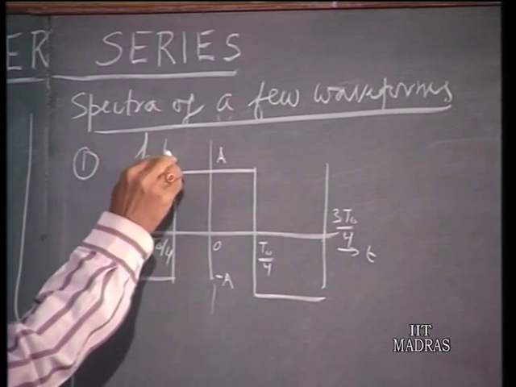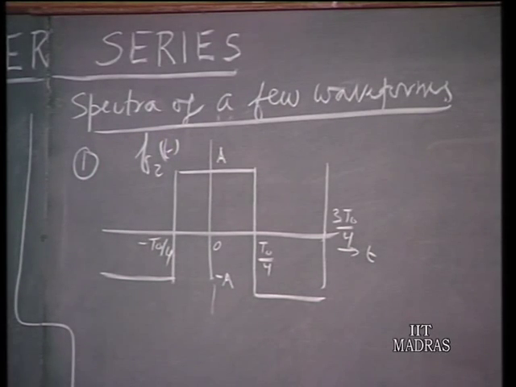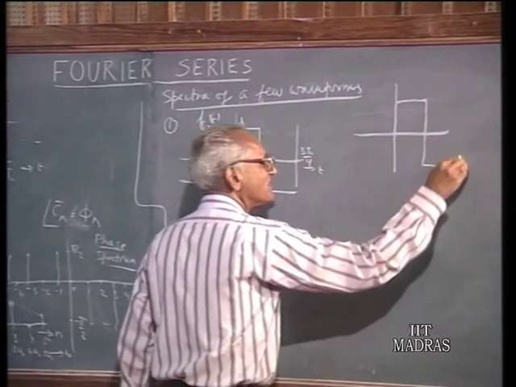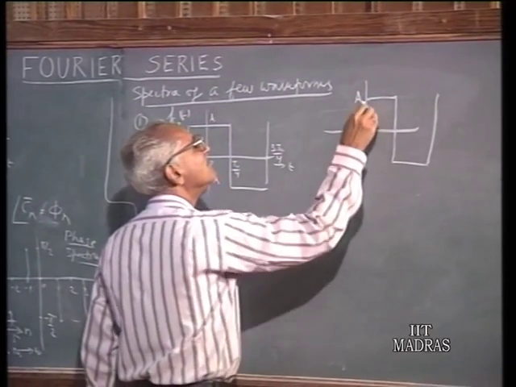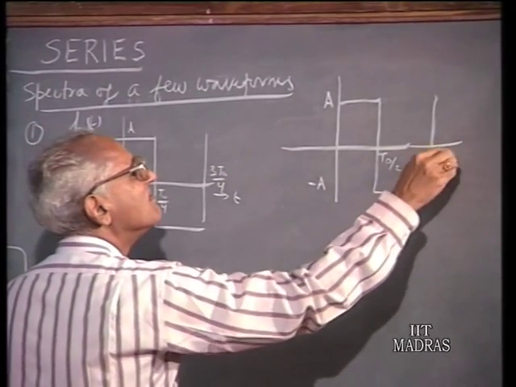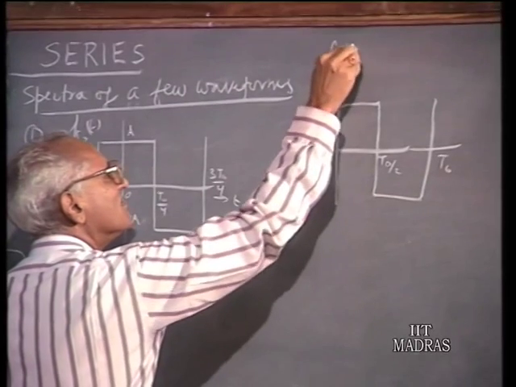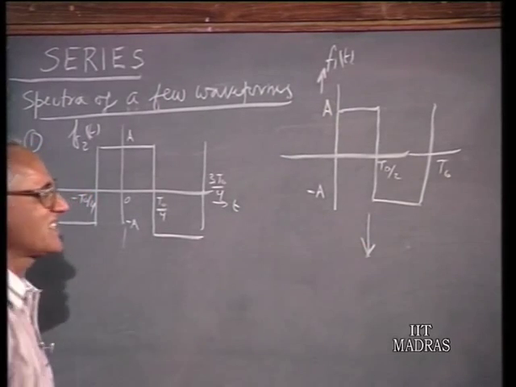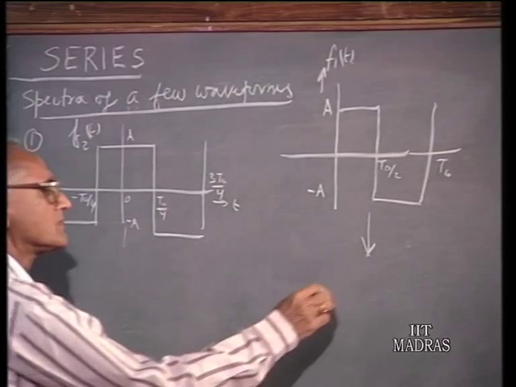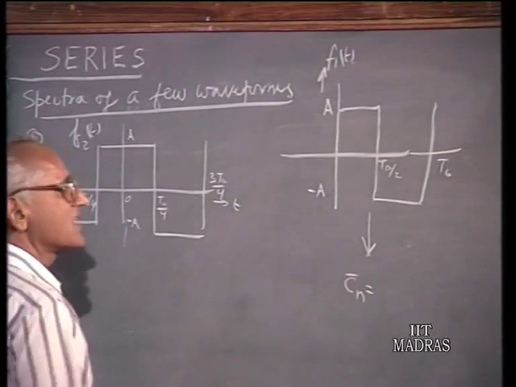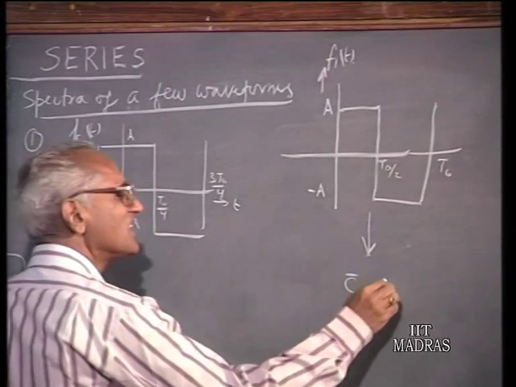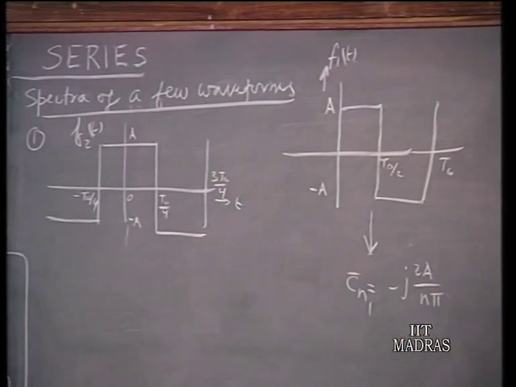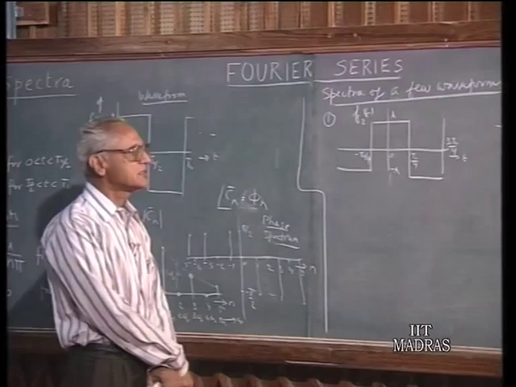Let me call this F2 of T if the original square wave that we have is F1 of T. That means for F1 of T, I am considering this to be F1 of T. We know that this leads to a Fourier coefficient, let us say Cn1, because I am calling this F1, minus J2A by n pi.